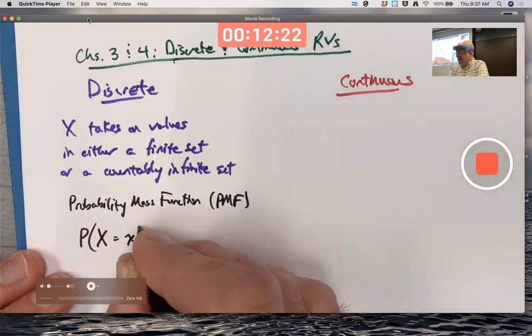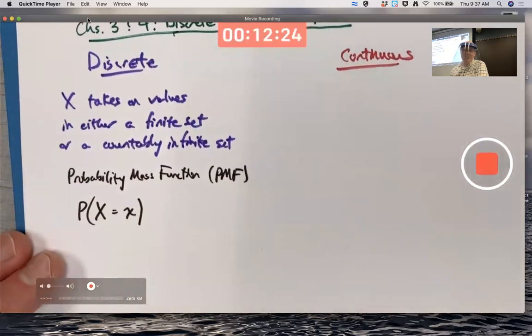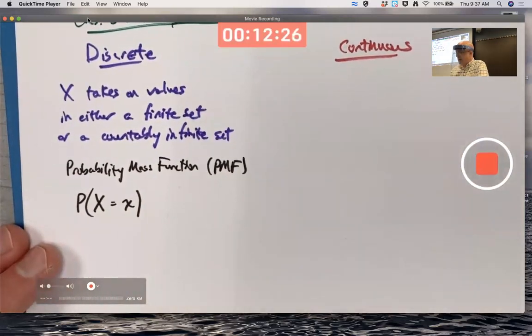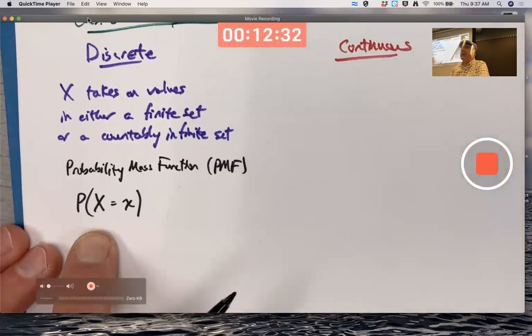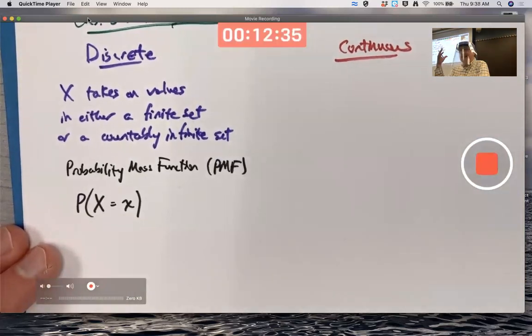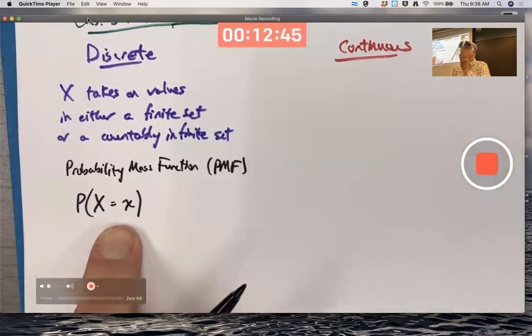And in this class, I always need to try to make my little x a little cursive looking so that we distinguish between capital X and lowercase x. Capital X is your random variable, this abstract idea, this quantity that can vary according to some random model. Its values are determined by chance. Little x, you're thinking of being as just a particular real number.